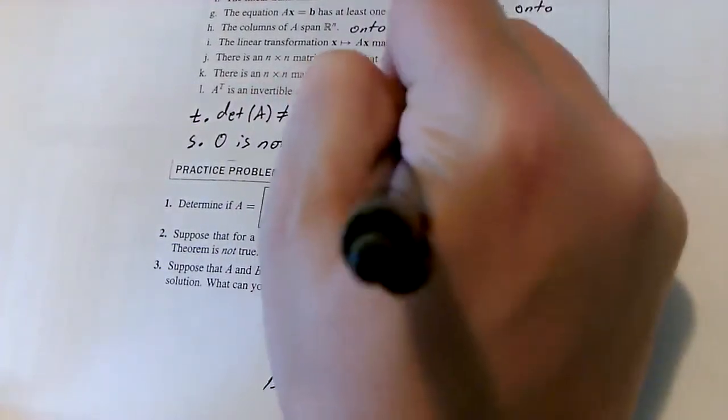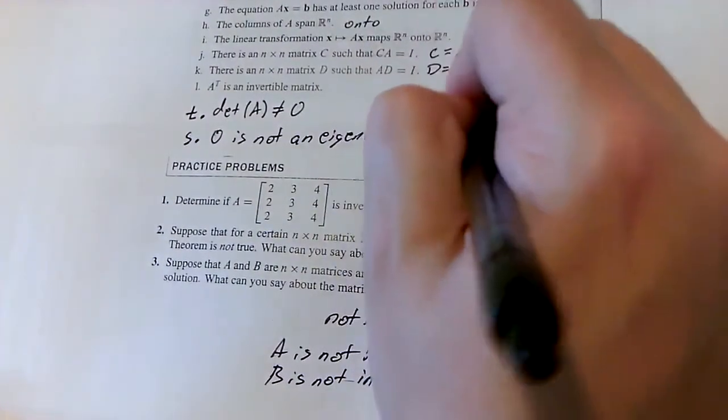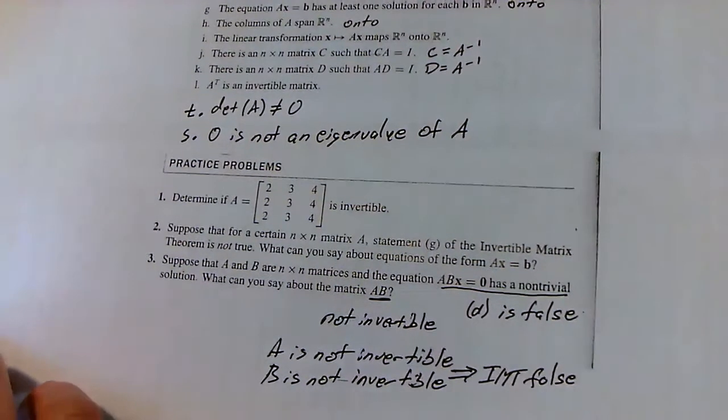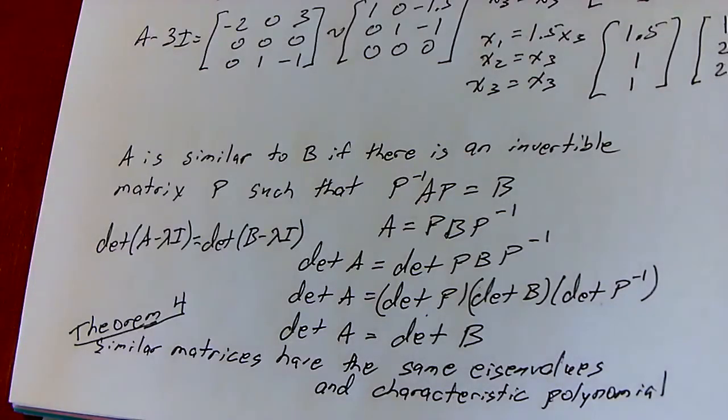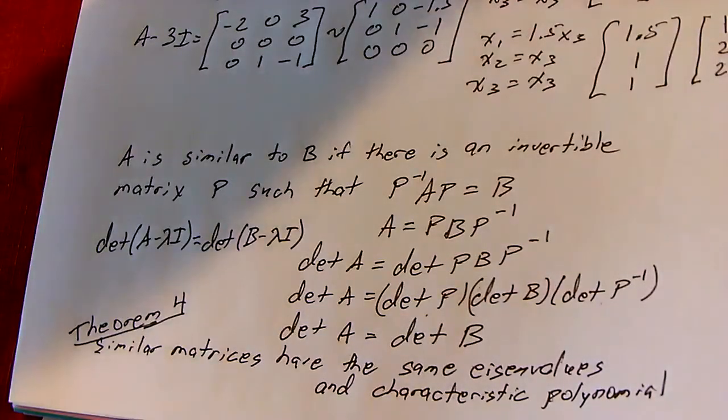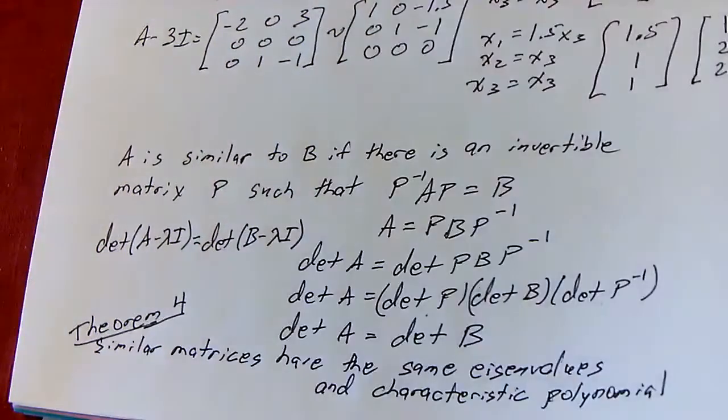But 0 is not an eigenvalue of A. So A is invertible when 0 is not an eigenvalue. If 0 is an eigenvalue, A is not invertible. So that's a couple of addendums to our invertible matrix theorem now that we know some additional information.